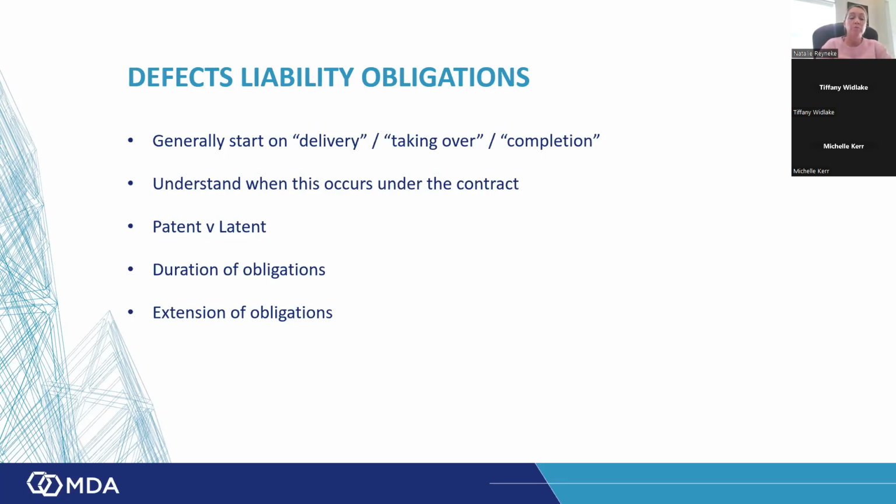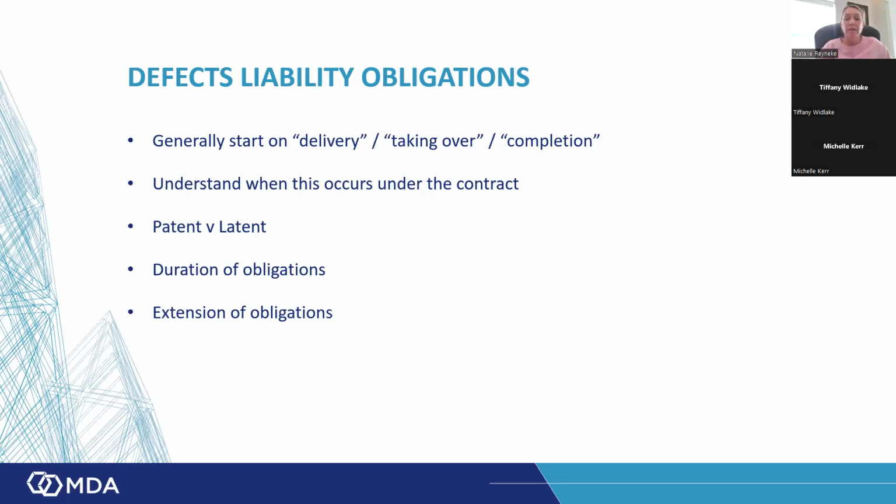And then obviously important is the duration of each of the obligations. And then also, how do we extend these obligations? So you'll know the standard FIDIC clause has, in terms of clause 2.5, that the employer can claim for an extension of the defects notification period, and you can do that for a maximum of 2 years.